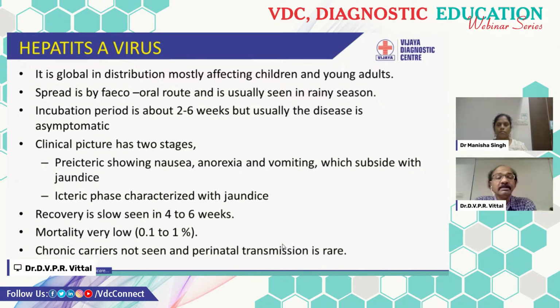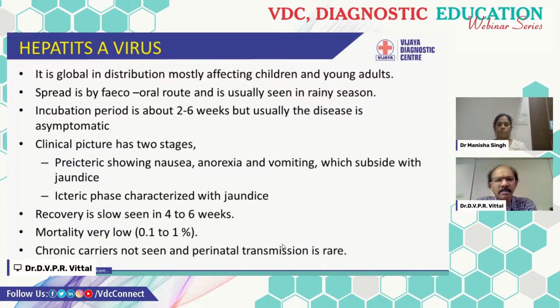The virus is spread by the faeco-oral route due to contamination of water and food. The incubation period of the virus is about 2 to 6 weeks. Usually, there are no symptoms, and after the incubation period, the patient remains asymptomatic.